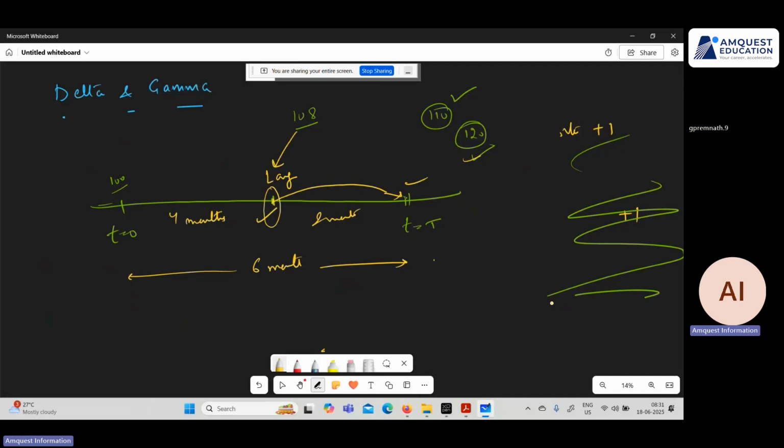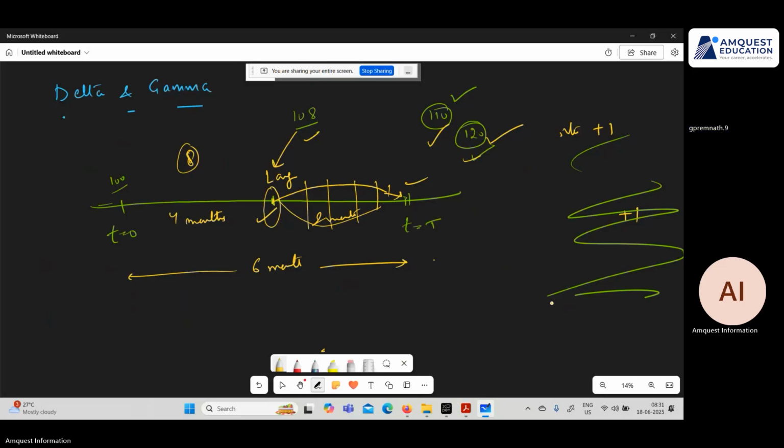Let's say the current price is 108, so I've locked in my price for 8 rupees. Although I will be selling at 110 and maybe the market will be 130, everything that I'm going to do is going to offset for this period. And I have locked in my price for 108.